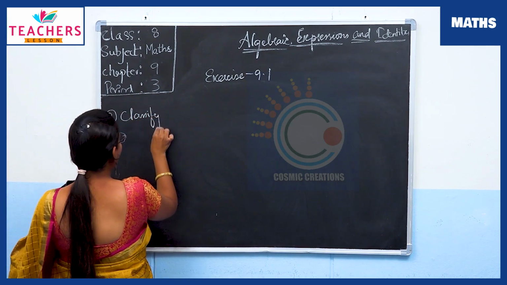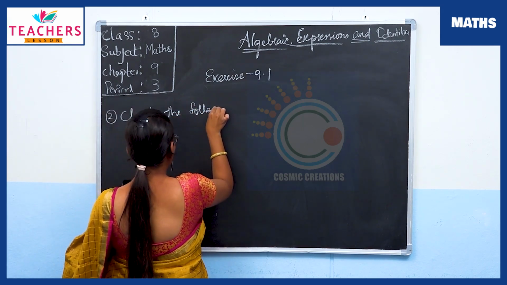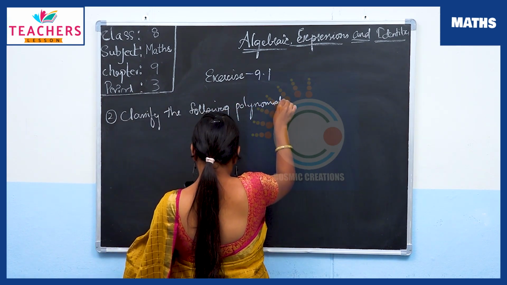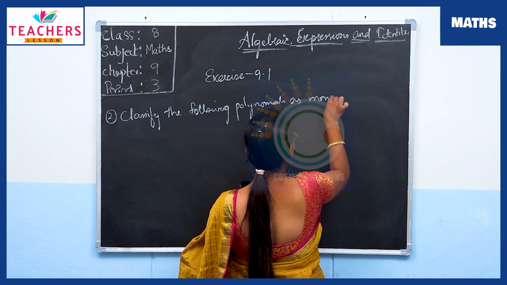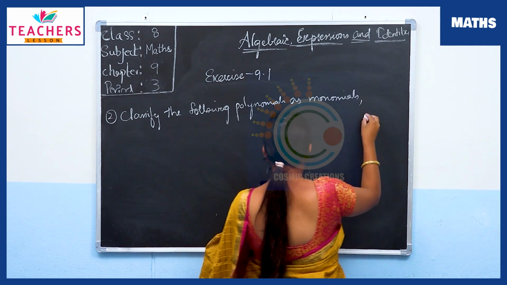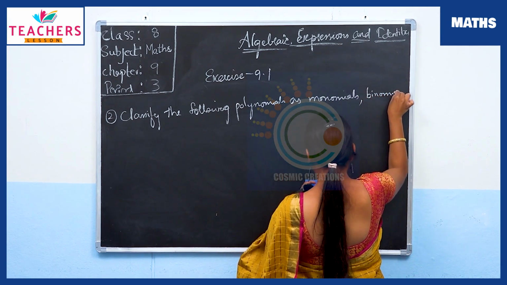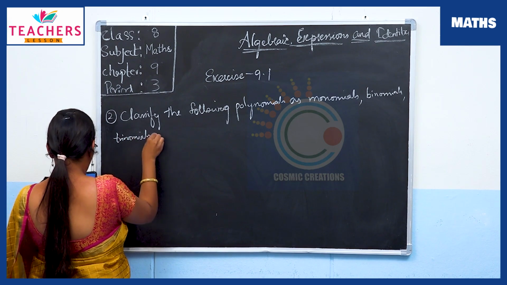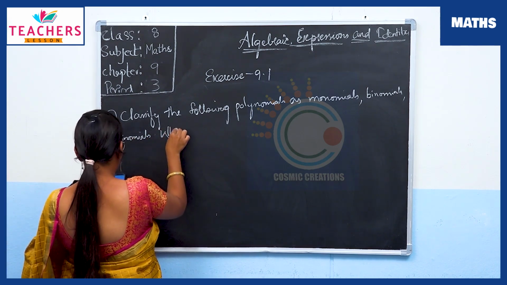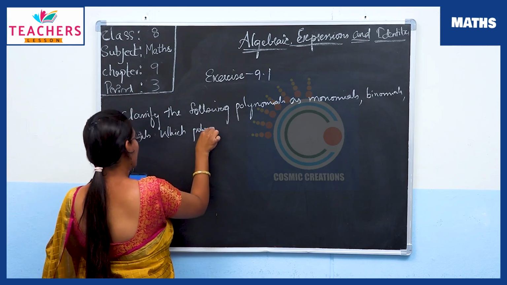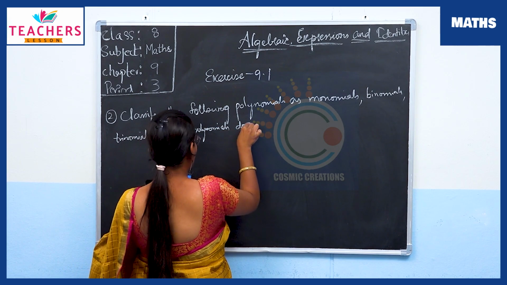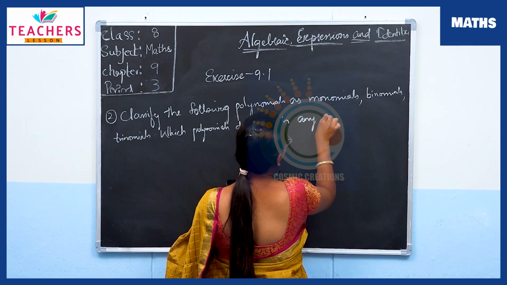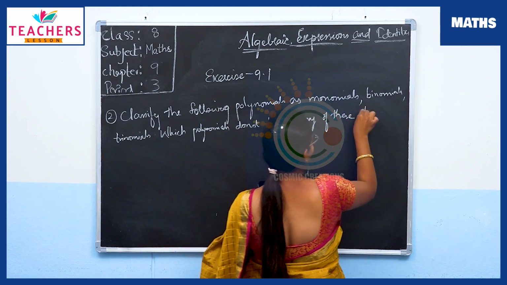Classify the following polynomials as monomials, binomials, trinomials, and also they are asking which polynomials do not fit in any of these three categories.